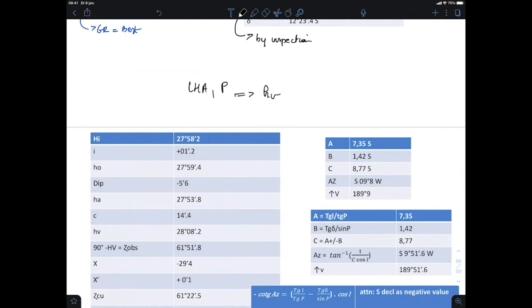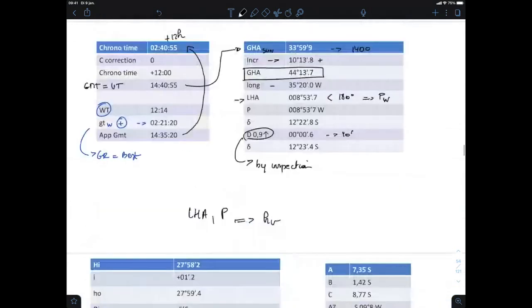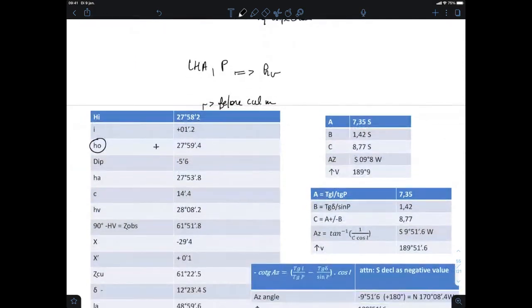true altitude. I told you that the altitude that you observed with your sextant just before culmination is 27 58.2. Our index correction is plus 01.2, so that we add to get an observed altitude. And the observed altitude needs to be corrected for the dip and the total correction.